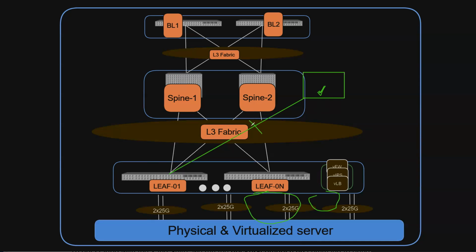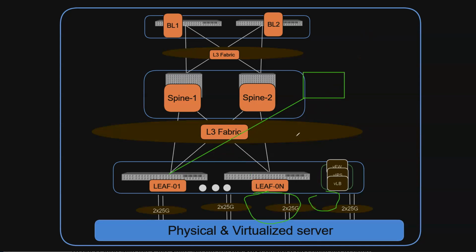If this link goes down, the host connected here will not find its gateway with this spine. Okay, got it. So that is because the leaves are not connected to each other. Yes. It's a highly redundant structure where everyone knows everything.